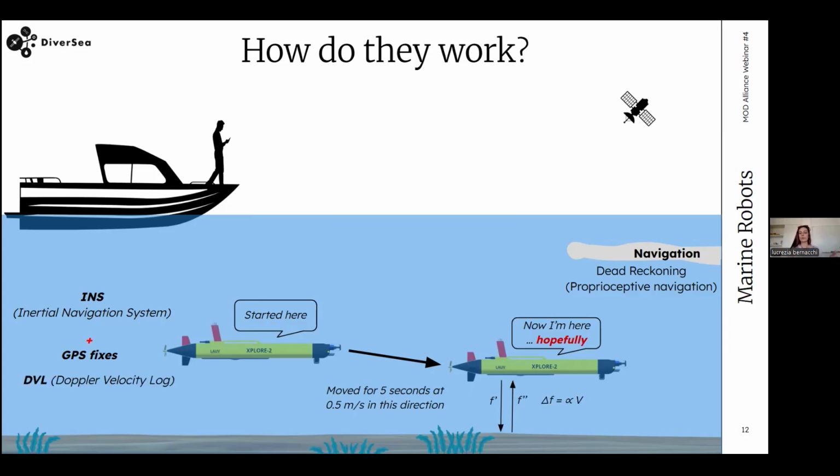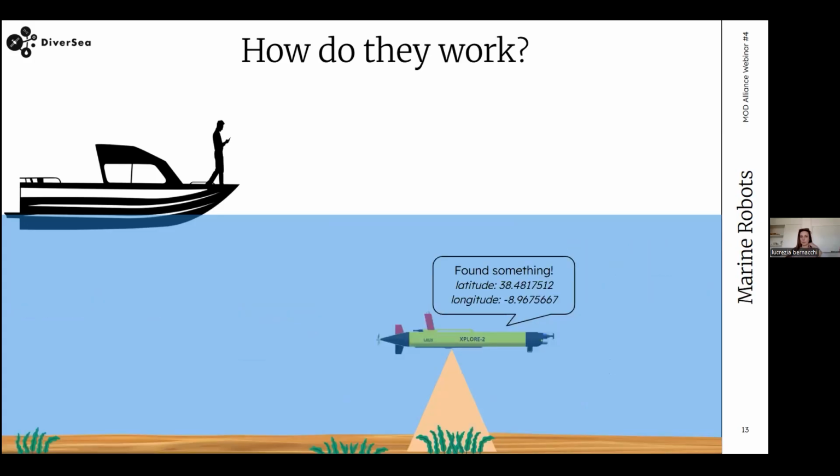Or we can also use the sensor that I was showing a few slides ago, the Doppler velocity logger, which is an acoustic sensor that is able to give us the speed of the vehicle because it is using the Doppler effect. Computing the shift of frequency between the transmitted wave and the received one, it is able to understand the speed. And this is useful to correct and improve the estimate that the reckoning is doing.